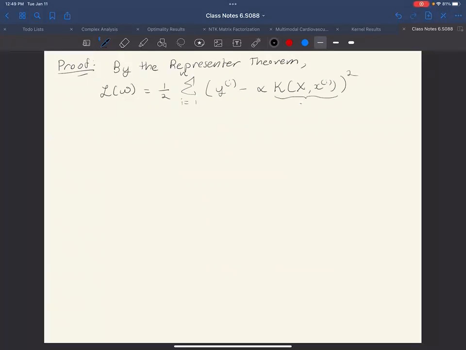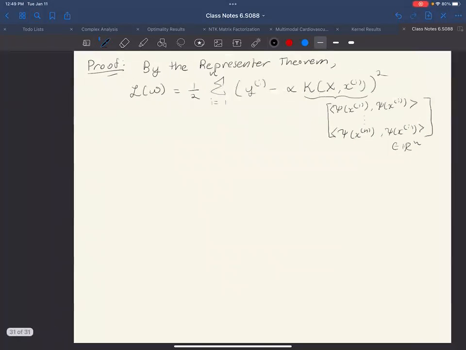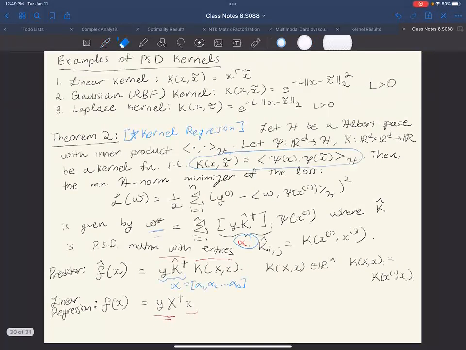Keep in mind, this vector here was just this vector of inner products, psi of x1, psi of xi, all the way down to the inner product psi of xn, psi of xi. Okay, and this was our R^n vector. And now I think hopefully it's become clear why I used this notation before, because this is exactly what we're going to have to do for a new data point in the predictor. It's exactly this function that I wrote down here, this k of x comma x.